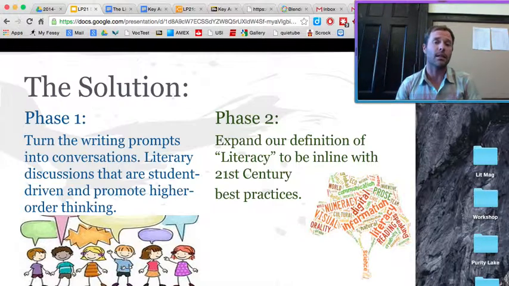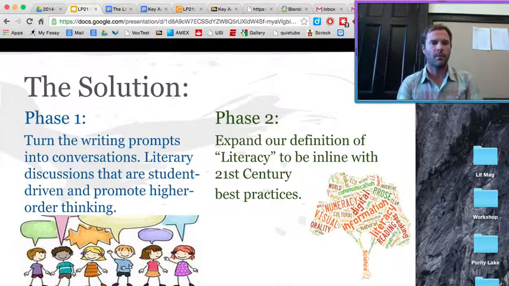The other phase that came about just after that online thinking was expanding the definition of literacy. In the 21st century, literacy is much more evolved, widespread and diverse than what it used to be, and what I think our school still kind of resorts to: that we read books, classical and contemporary literature, and we respond to it.